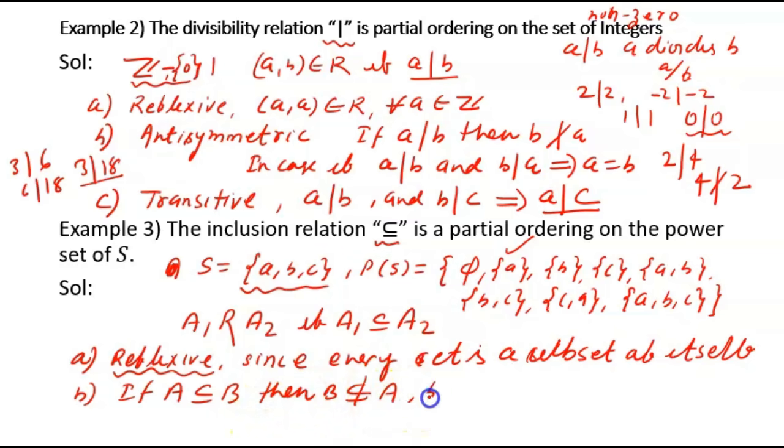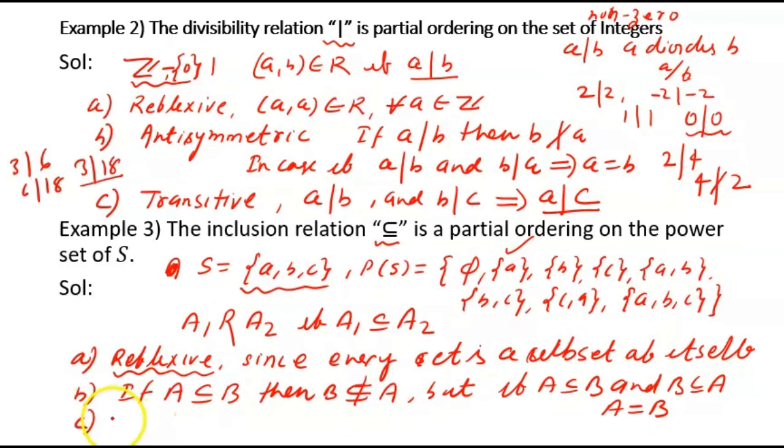But I hope you also know that if A is a subset of B and B is also a subset of A, this is possible only when A and B are equal. So in general, if A is a subset of B, B will not be a subset of A. But if both are true, in that case this is possible only when both are equal. So this relation is anti-symmetric also.